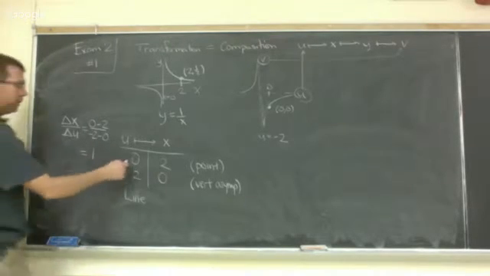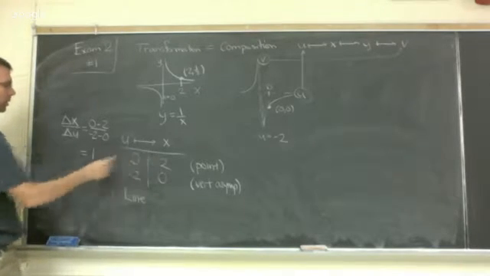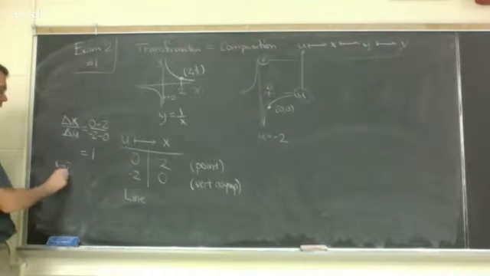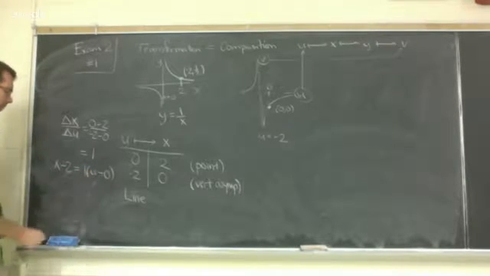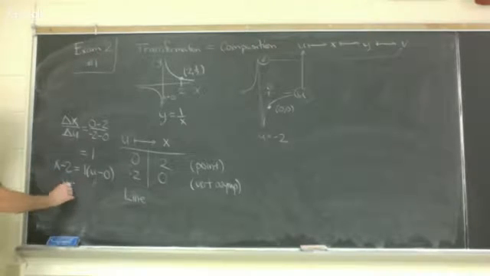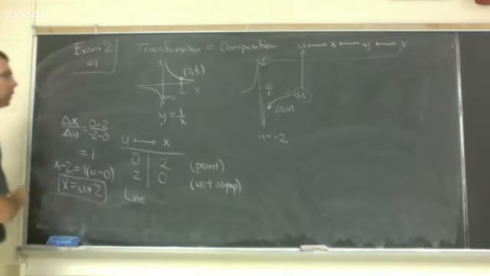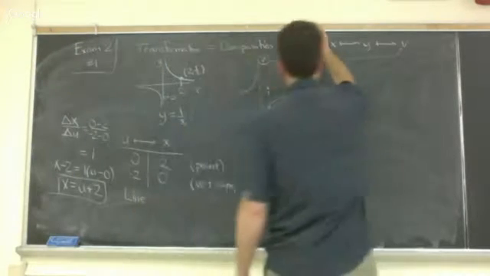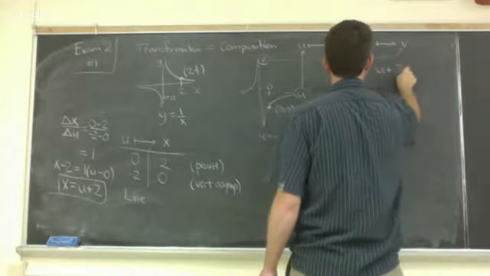And I need to pick a convenient point. Let's pick this first point. x minus 2 equals the slope times u minus 0. So that's just u. x is equal to u plus 2. That's the first step of my composition. x equals u plus 2.